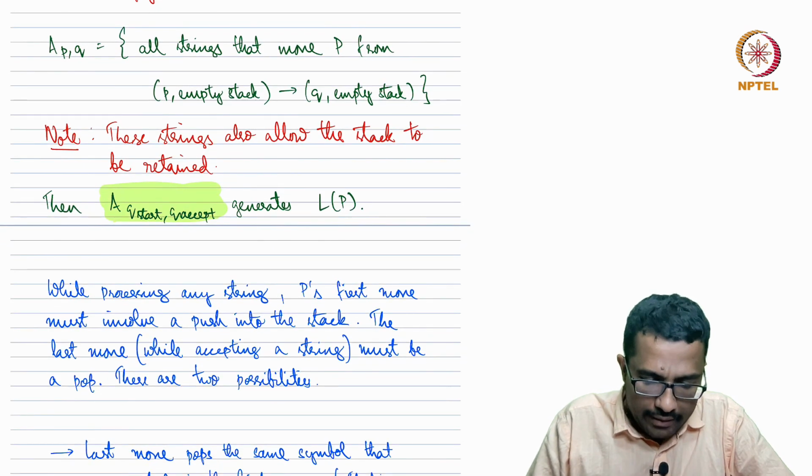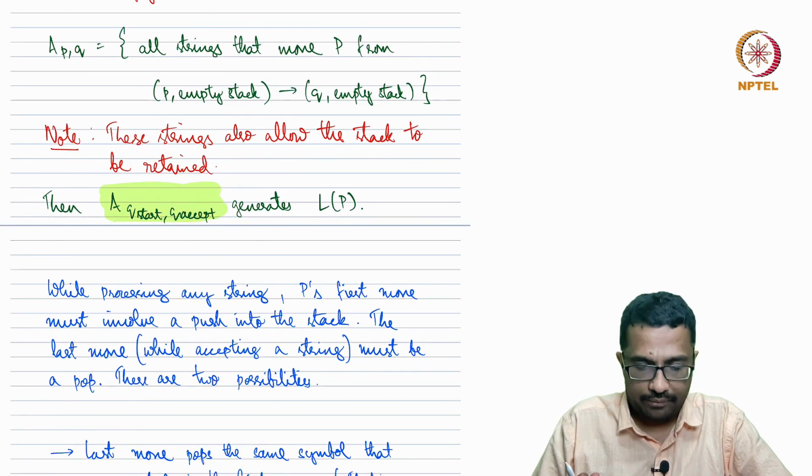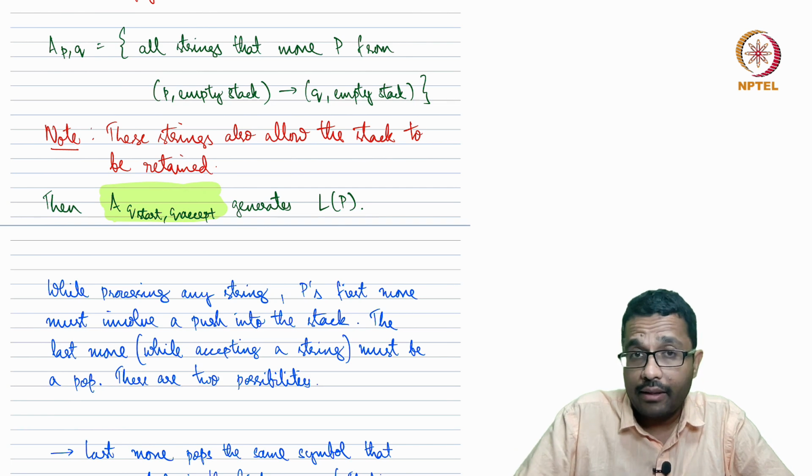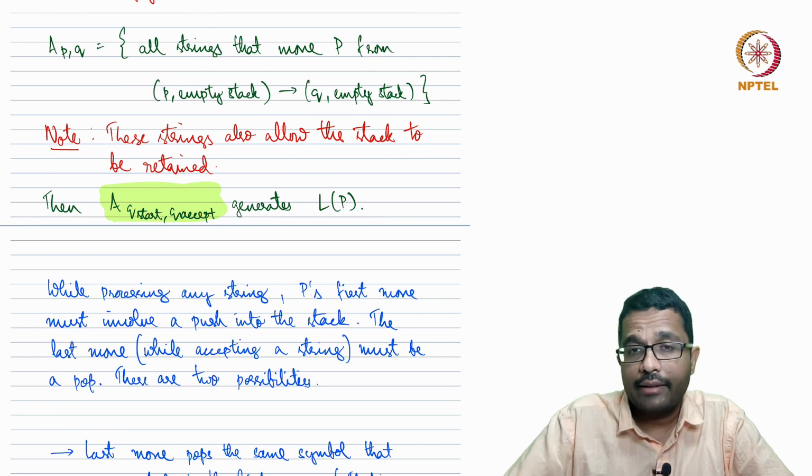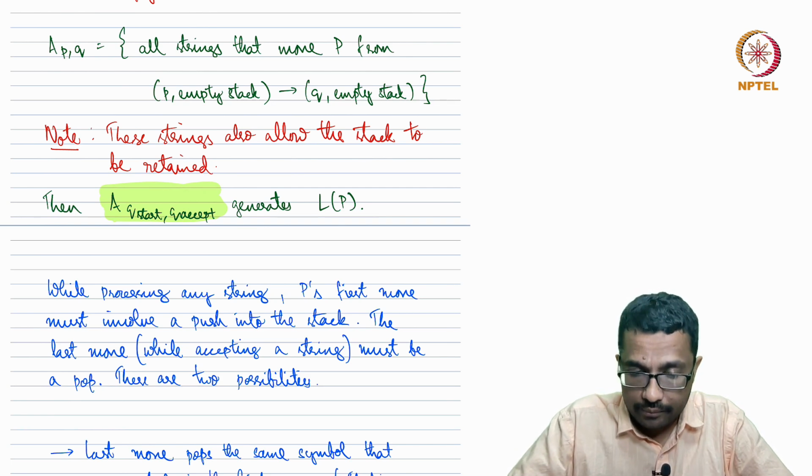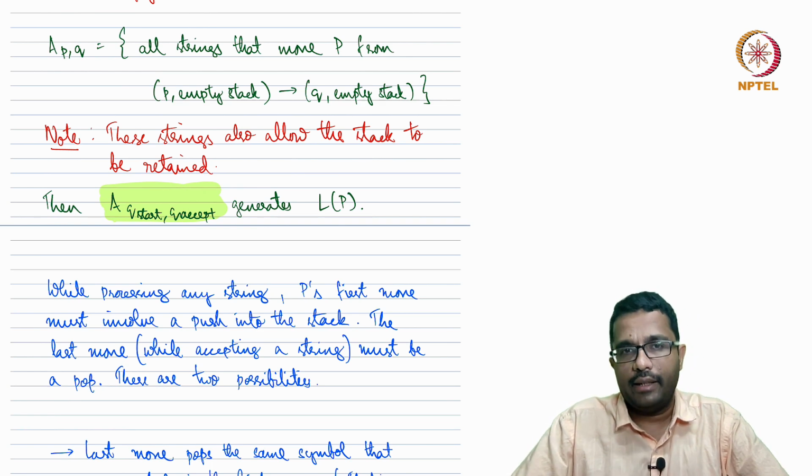Okay, so now let's try to understand the rules, right? We have just told what the variables are. So now we need to set up the rules of the PDA, right?